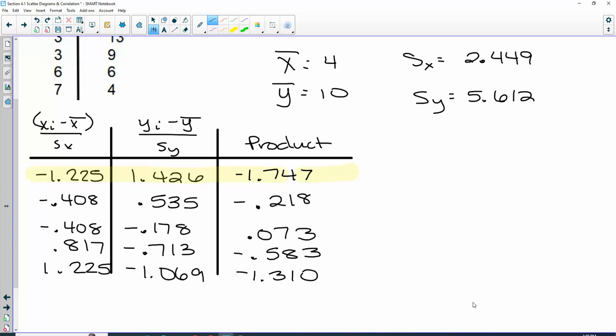Tedious. Lots of calculator. Does everyone understand where I got my 15 numbers?